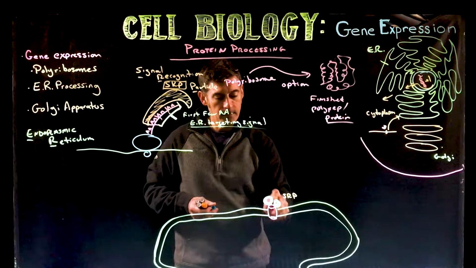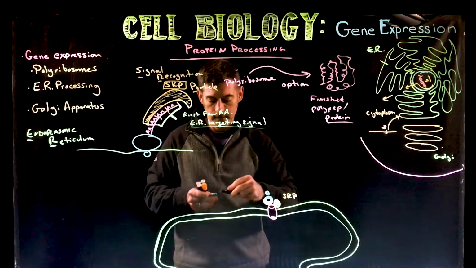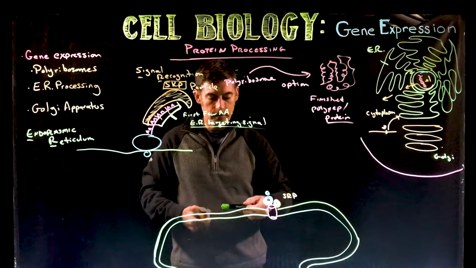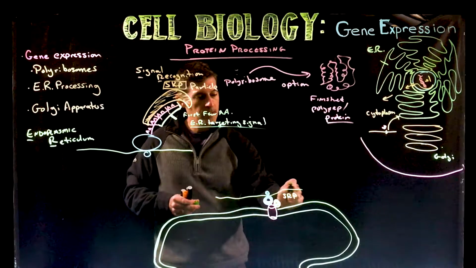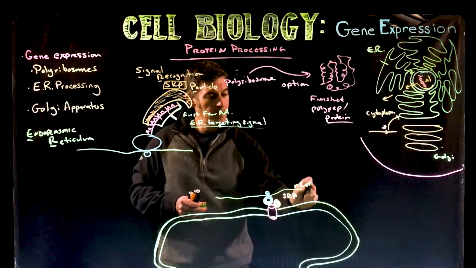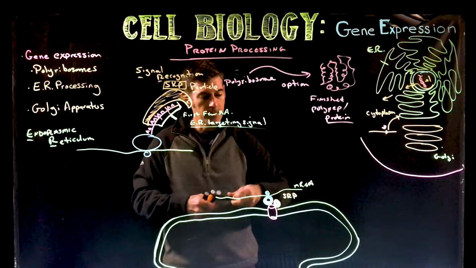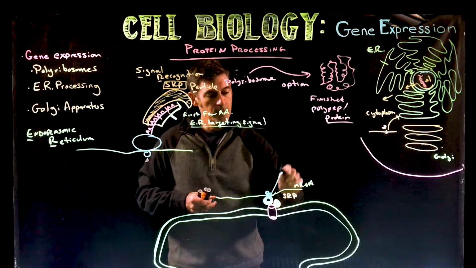So we're going to have this as our ribosome, like that. We'll get our messenger RNA, so I'm going to draw it here upside down a little bit like this. So this is our messenger RNA. This is representing our ribosome.